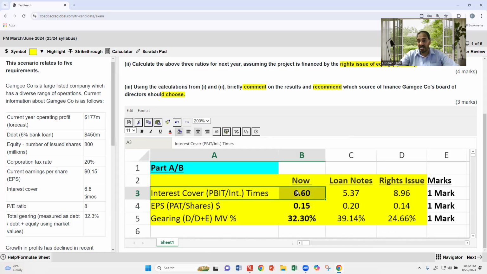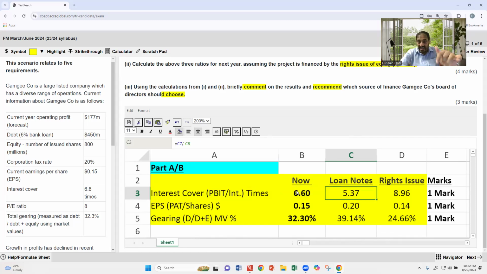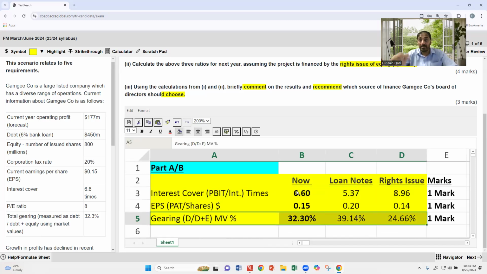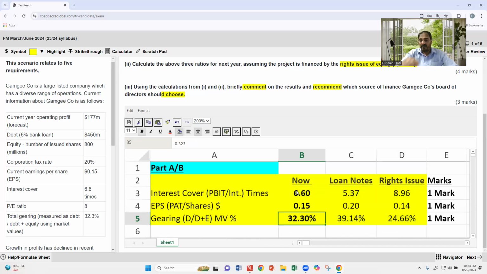Interest cover is 0.6, that's the ability to pay interest, 0.6 times. If we arrange the loan finance, the ability to pay the interest is reduced. But if we move to the rights issue, the ability to pay interest increases. Interest cover is risk. Gearing is also about risk. If we move to the loan notes, the debt ratio increases. If we move towards the rights issue, the debt ratio decreases. So interest cover and gearing are about the risk.